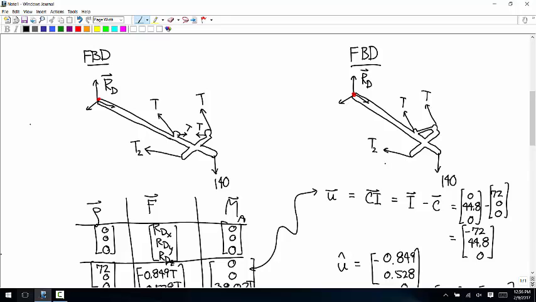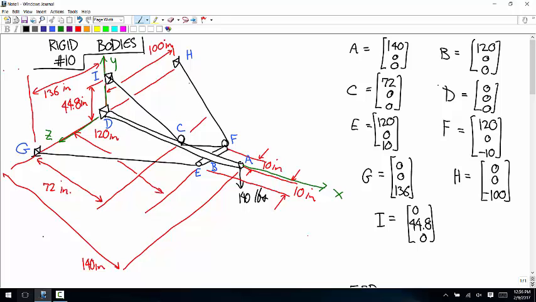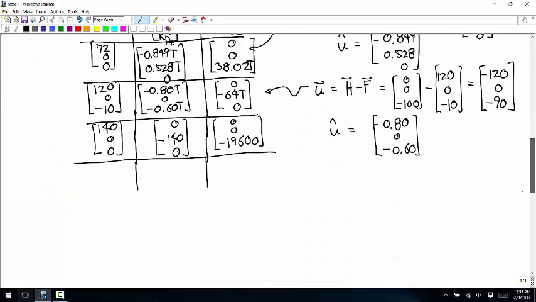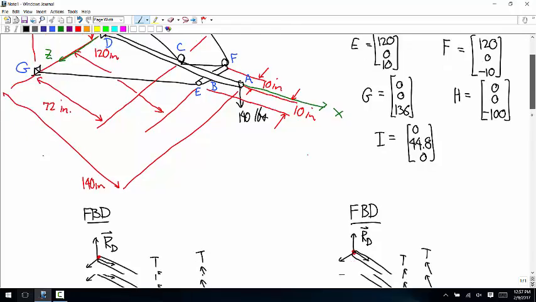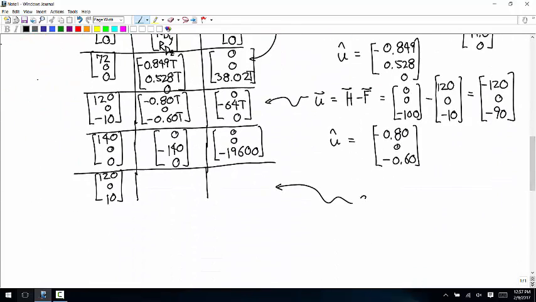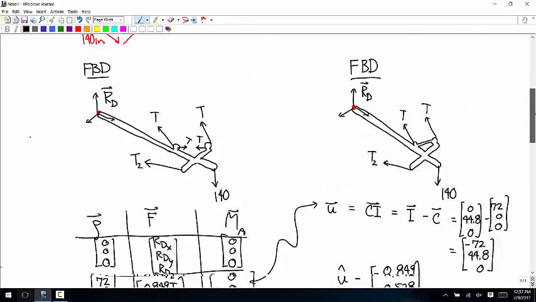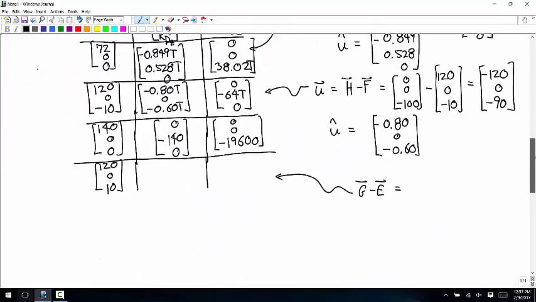And we have one more force. That's that force T2. That acts at the point E, 120, 0, 10. So the row vector is 120, 0, 10. And the force vector is in the direction from E to G. So we're going to get that by just subtracting G minus E. G is 0, 0, 136.